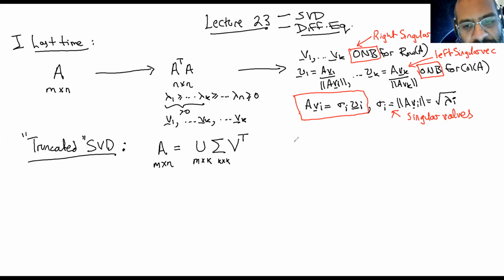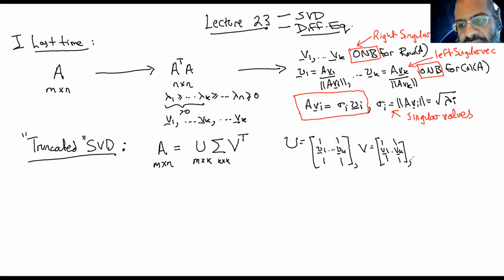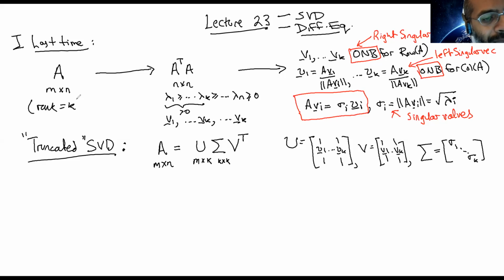U has the u's, V has the v's, and sigma is just a diagonal matrix containing the positive singular values. Here, k is really equal to the rank of A. That's what's normally called the truncated SVD, and V transpose is k by n.